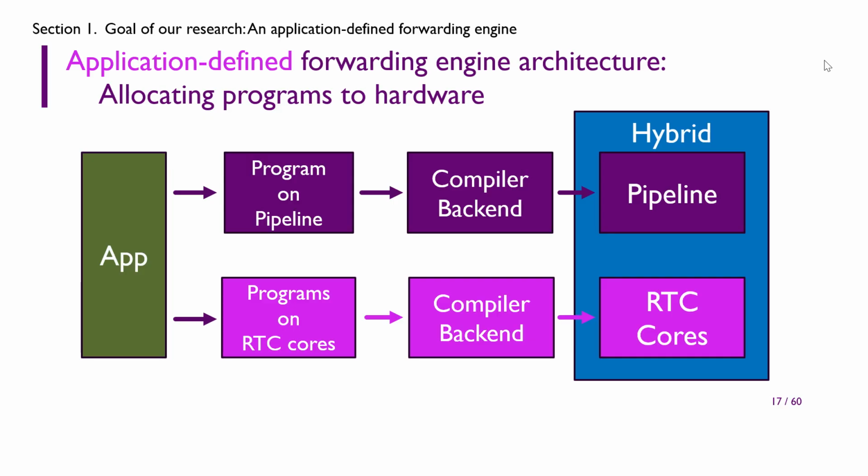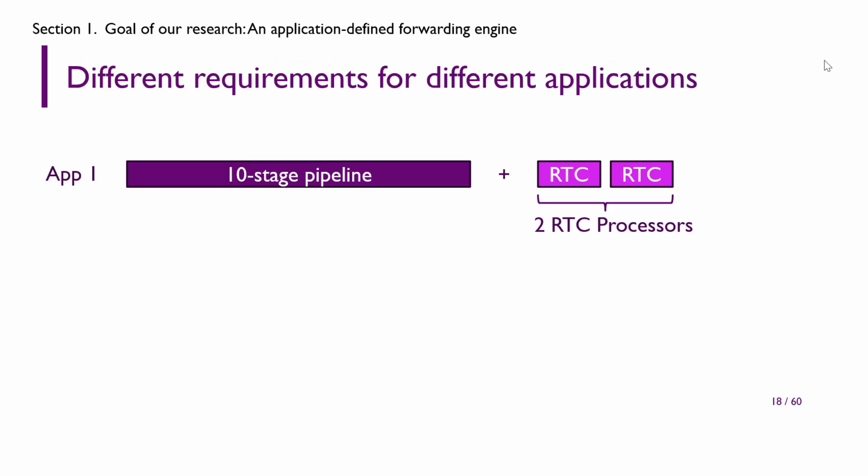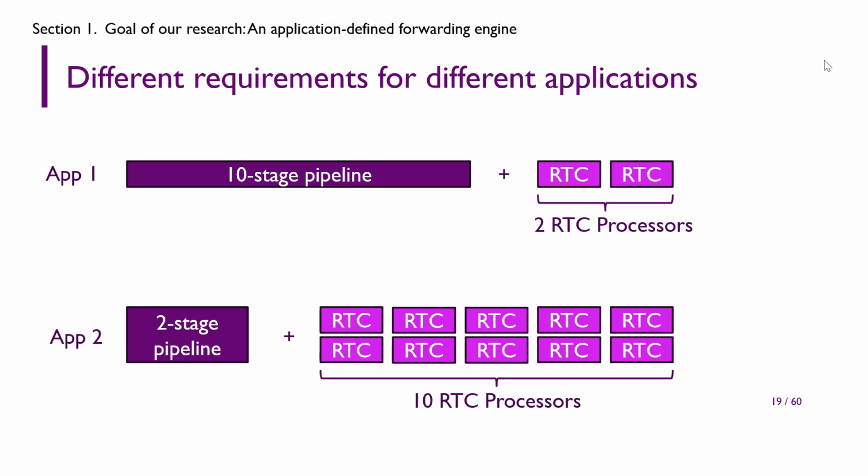So, does this meet all the needs of an application-defined forwarding engine? Our answer is no, because different applications have different hardware requirements. For example, Application 1 needs a 10-stage pipeline and 2 multi-core RTC processors, while Application 2 needs a 2-stage pipeline and 10 RTC processors.